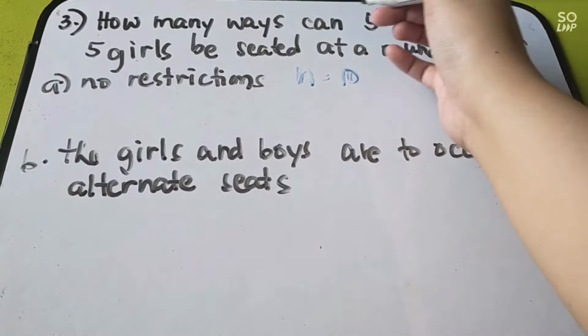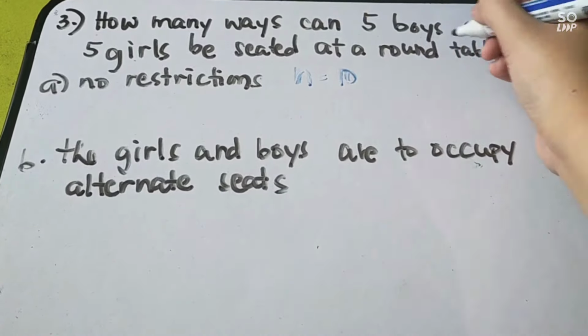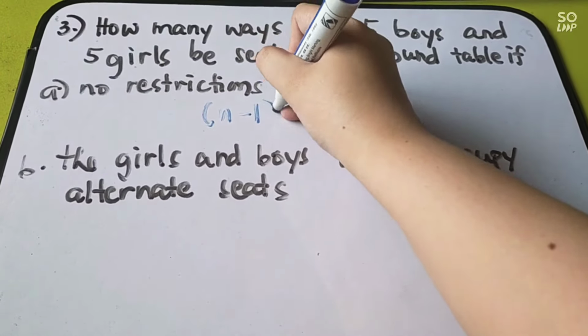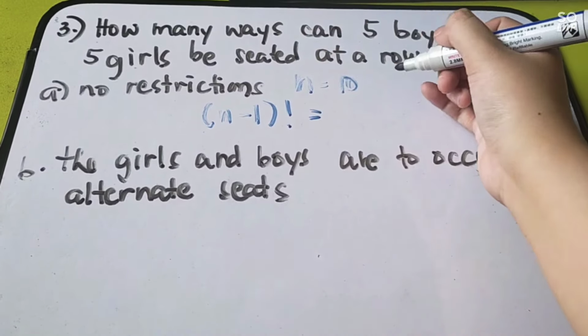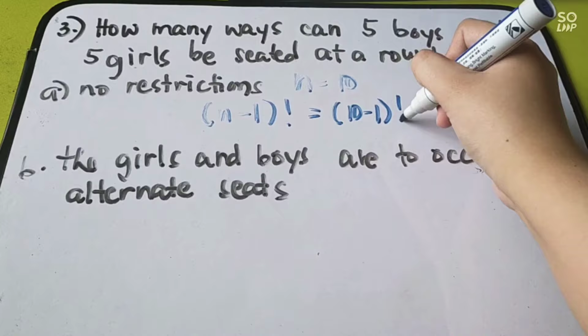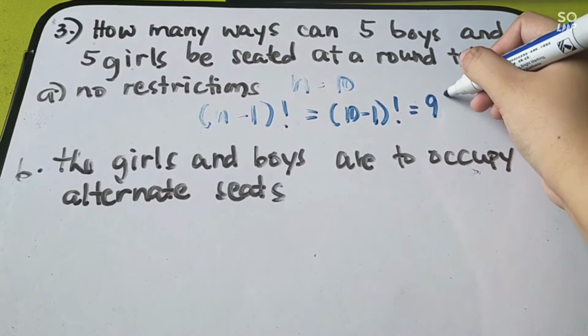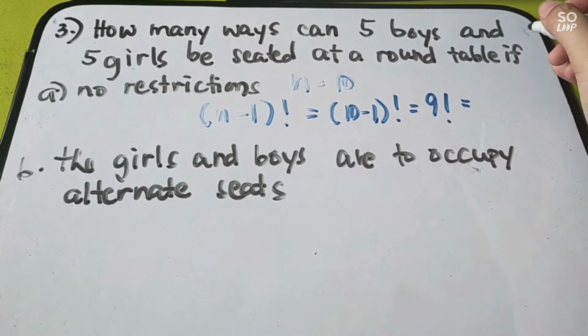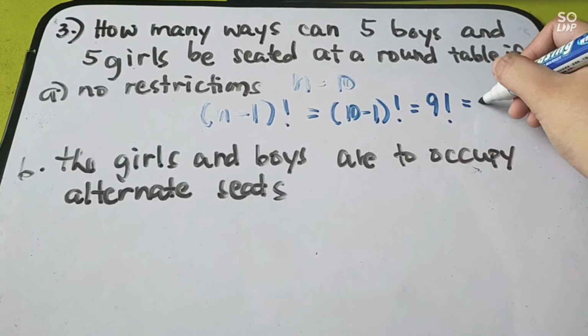Round table tayo, ang ating gagamitin ay n minus 1 factorial. So, we have 10 minus 1 factorial, that is 9 factorial. 9 factorial is 9 times 8 times 7 times 6 times 5 times 4 times 3 times 2.